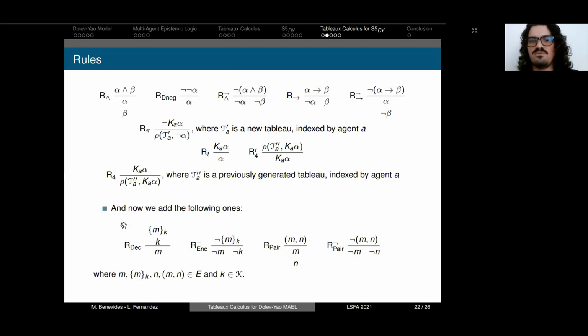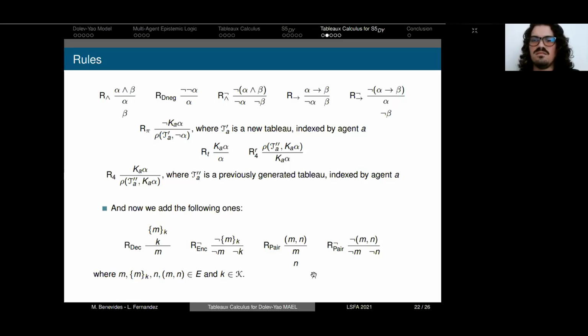So the same rules, but we add the rules for decryption when we have an encrypted message and the key that was used. The not encryption rule is similar to not end: if we don't have the encrypted message, or the message is false, or the key is false.